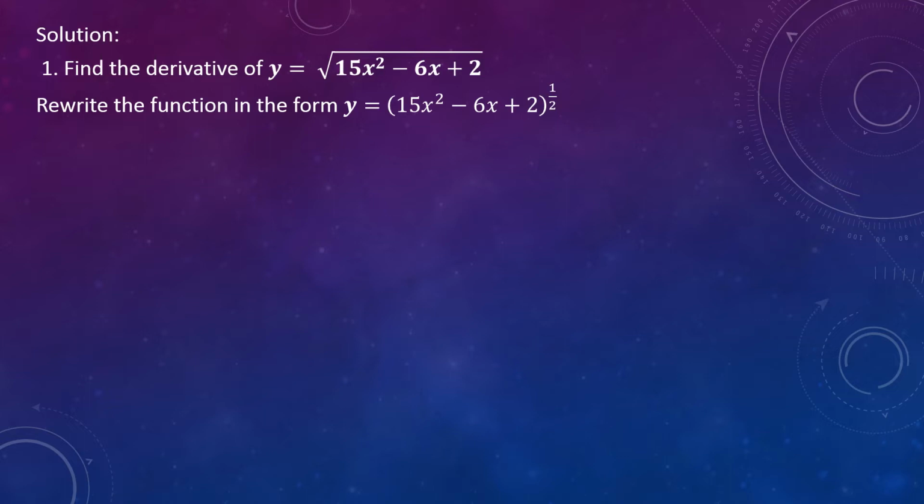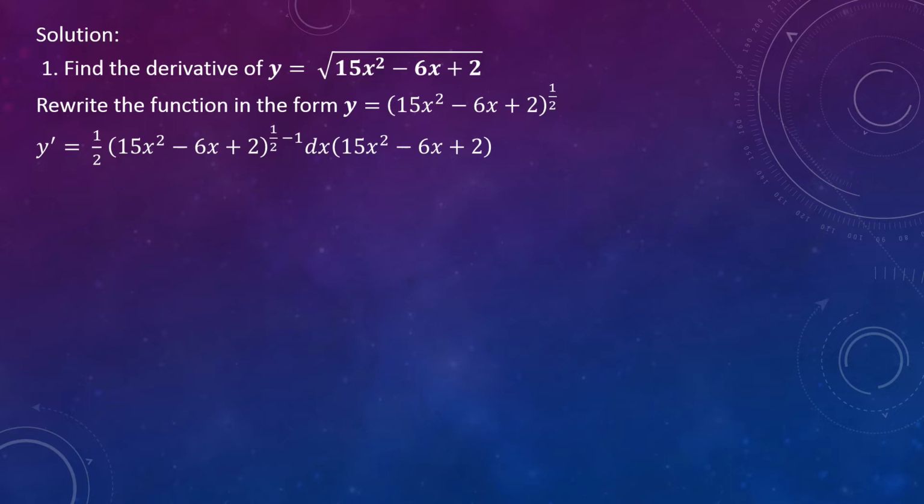Then we can now get the derivative. So we have y prime is equal to 1 half, because we actually apply the first basic concept of derivative. We multiply by 1 half, then we will have to copy. This one, we will actually use the chain rule of derivative, meaning we have to derive the exponent and at the same time derive the function inside.